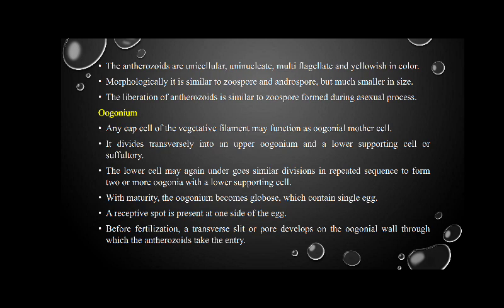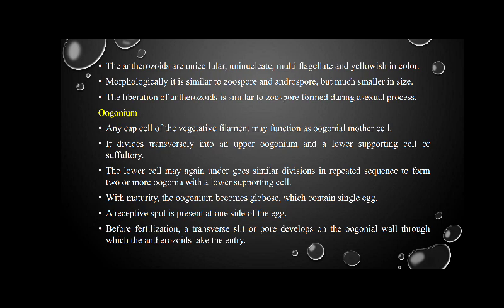Then coming to the Oogonium, any cap cell can function as an oogonial mother cell. It also divides transversely to form an upper oogonium and a lower supporting cell or suffultory cell. The lower cell may again undergo similar divisions to form 2 or more oogonia with a lower supporting cell. With maturity, the oogonium becomes globose, containing only a single egg, and a receptive spot is present on one side of the egg.